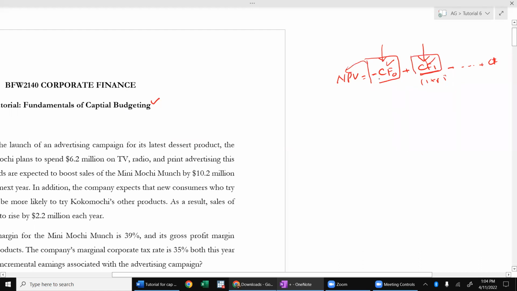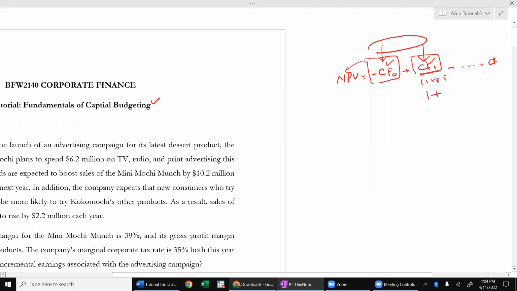Previously this input was given, but now this is a separate chapter which will target how to estimate these cash flows. So now we are getting into more detail of the cash flow estimation, and you will see that in the next coming topics.